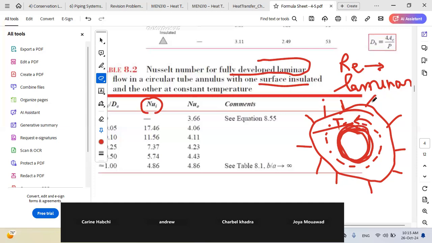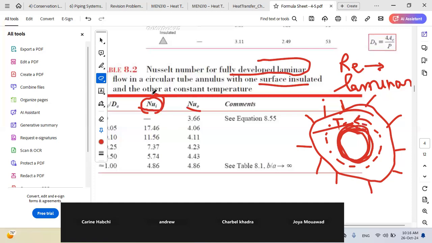If you have the opposite, if the inner surface is insulated and the outer surface is exposed to heat transfer, then you get Nusselt out.